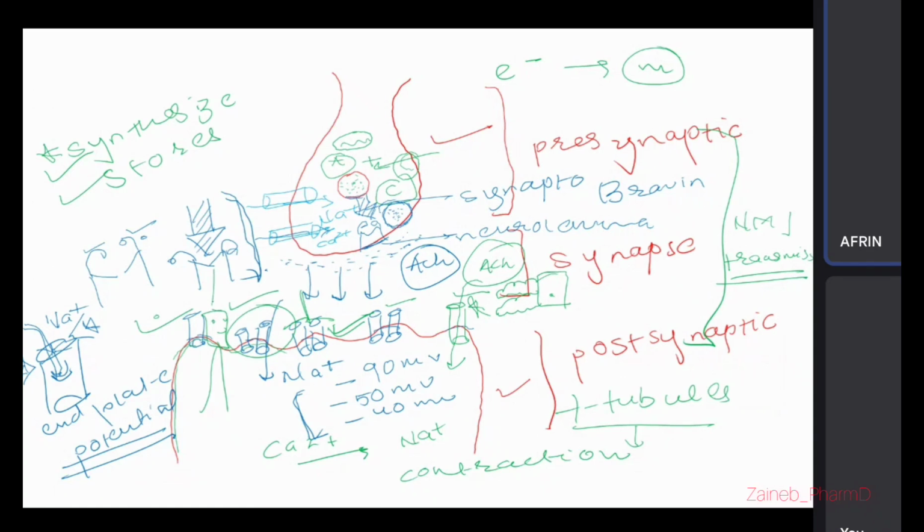And if the antibodies are formed against this protein, then the density of the cholinergic receptors on the postsynaptic membrane is altered, and it reduces in number. How this happens, we'll see in detail further.